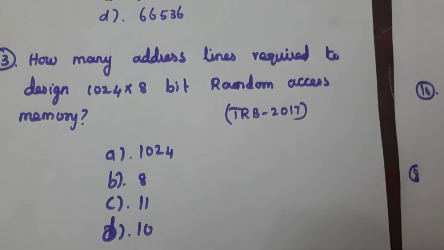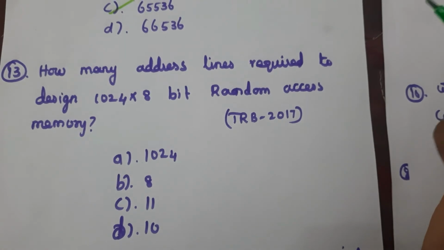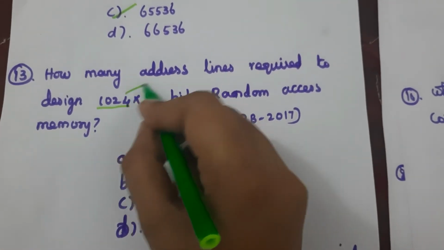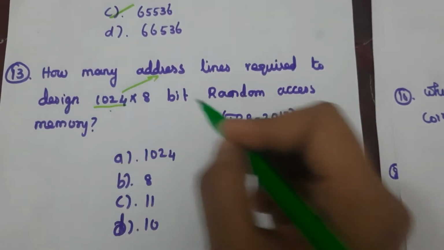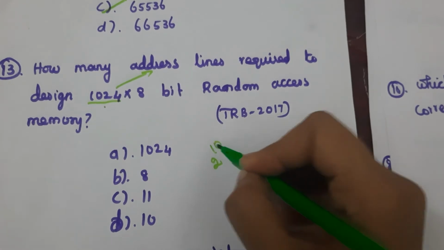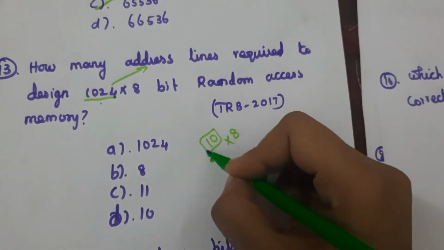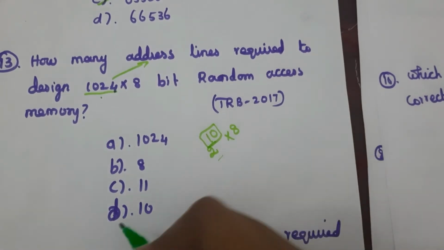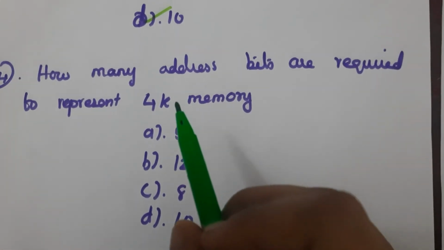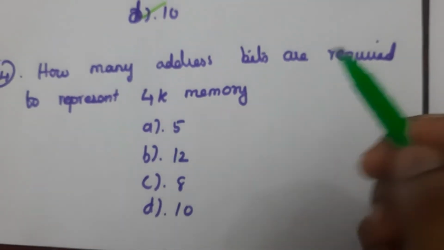Next question, how many address lines are required to design a 1024 cross 8 bit random access memory? Address line means it is used to represent the addresses. So, writing as a power of 2, that is equal to 2 to the power 10 into 8. So here these are the address lines. So here the answer is D. Next question, how many address bits are required to represent 4K memory?